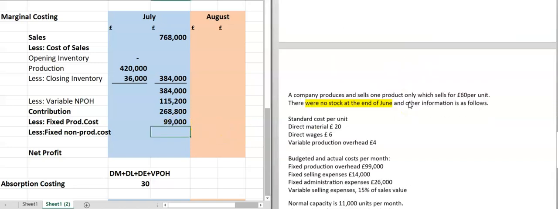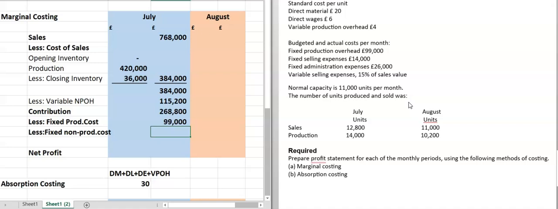So let's add the value. Administration is 26,000, selling is 14,000. So you get 40,000 for the non-production fixed cost.